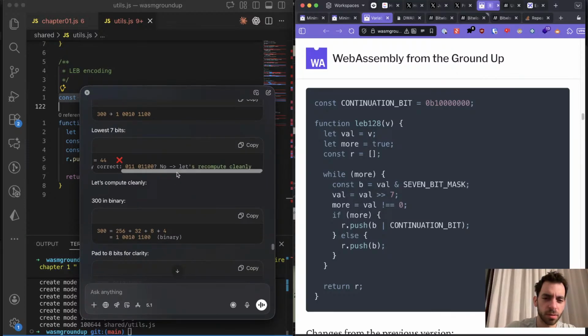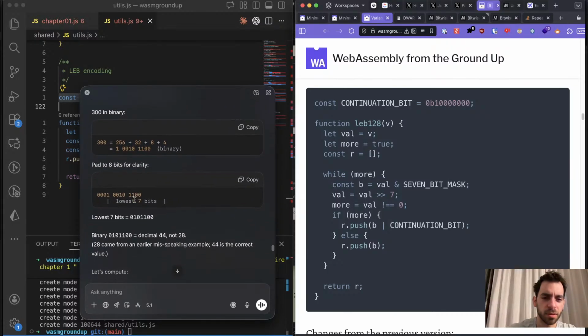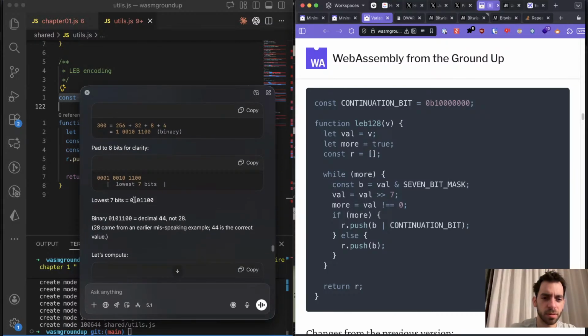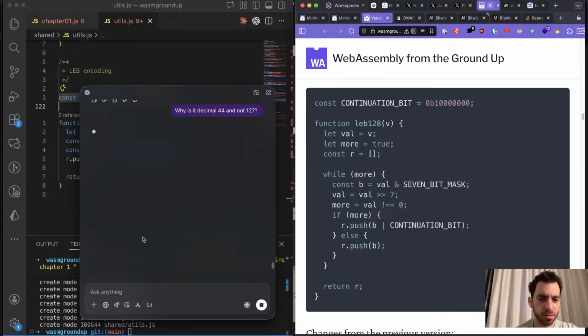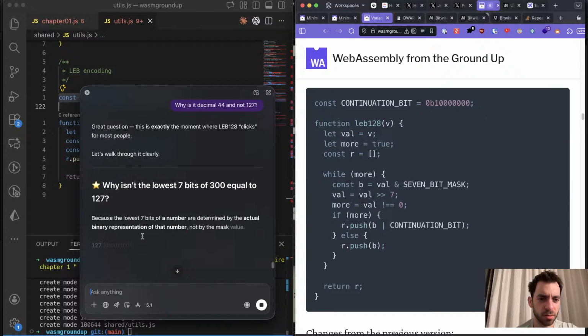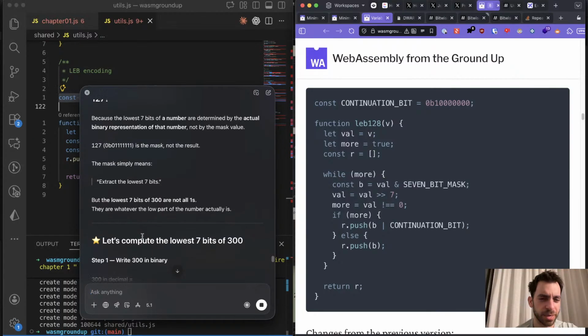So is this hallucinating? Why is it decimal 44 and not 127? Is that the mask, not the result?